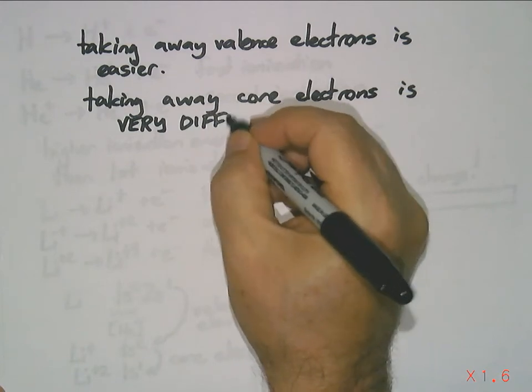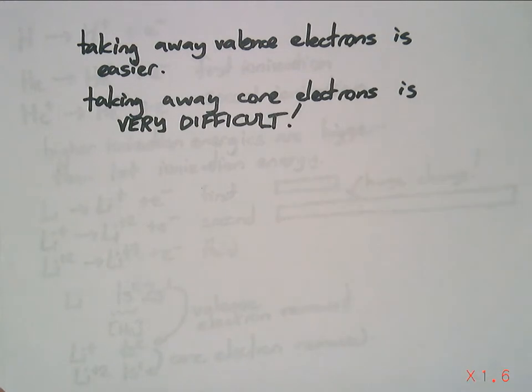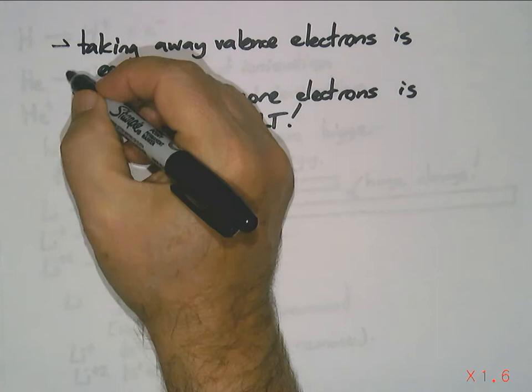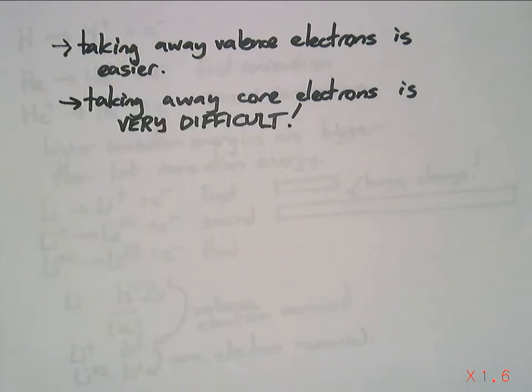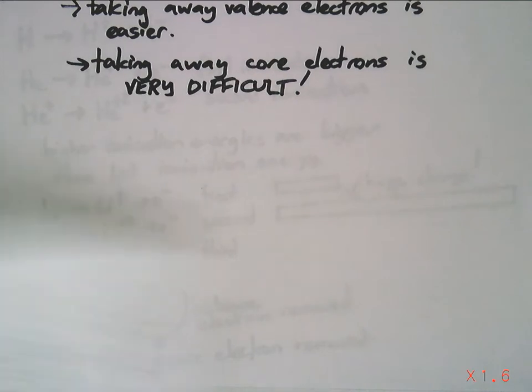Very hard. It's very difficult. Why? Because the core is a noble gas configuration, and that's especially stable. And if you're robbing electrons from the core, you're busting up a very stable configuration. And that's not going to happen. So let's see what would happen as we go across the table.